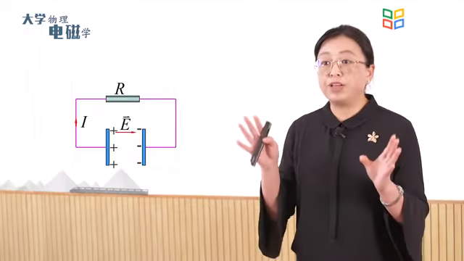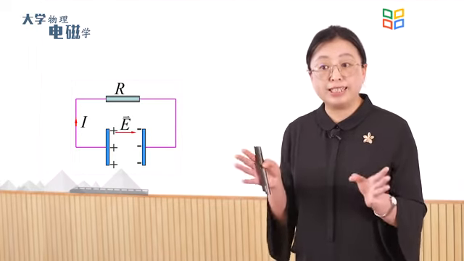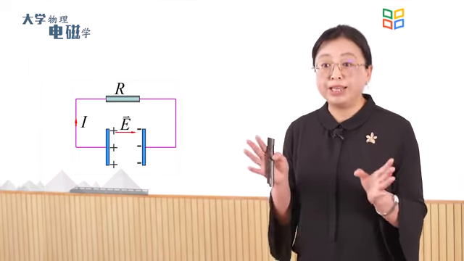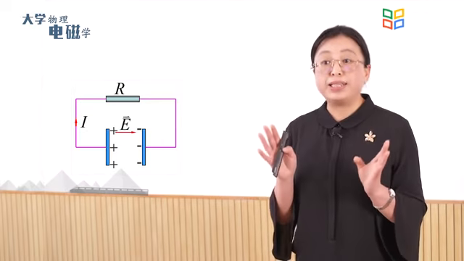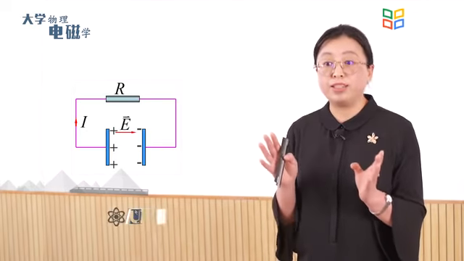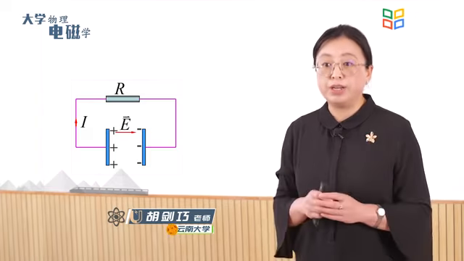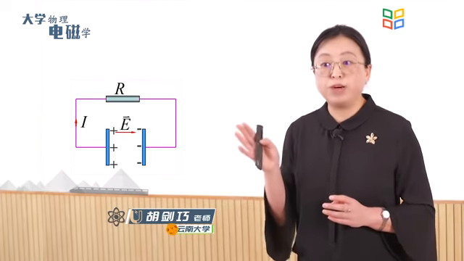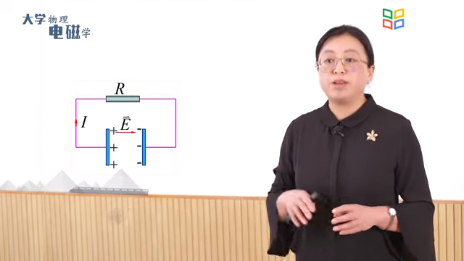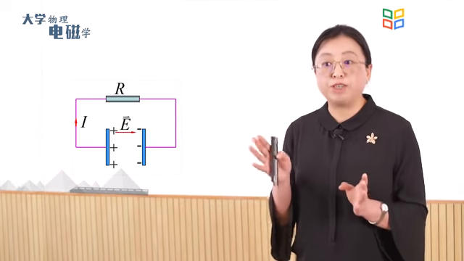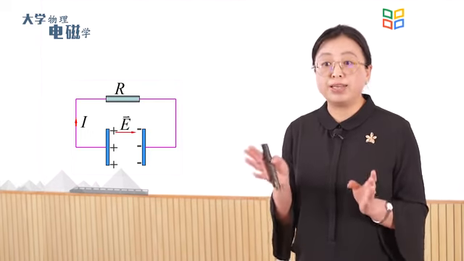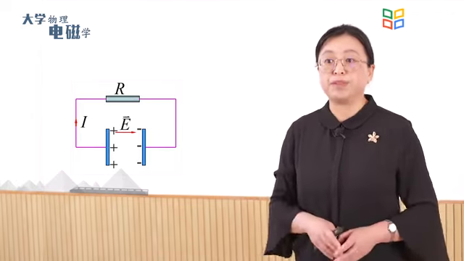If the ends of the conducting wire are connected to two plates carrying charges of equal magnitude and opposite sign, a potential difference between the ends of the loop is built up, creating an electric field within the wire. The free electrons in the wire then move under the action of the electric force, and thus a current is produced.